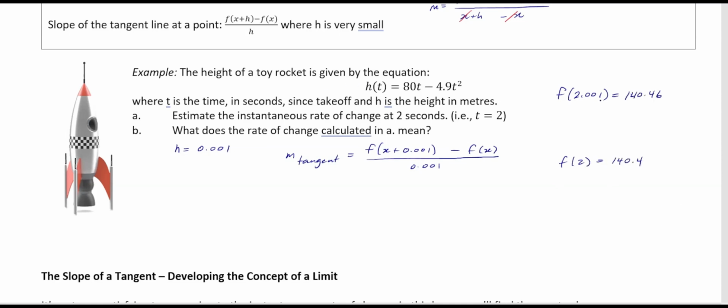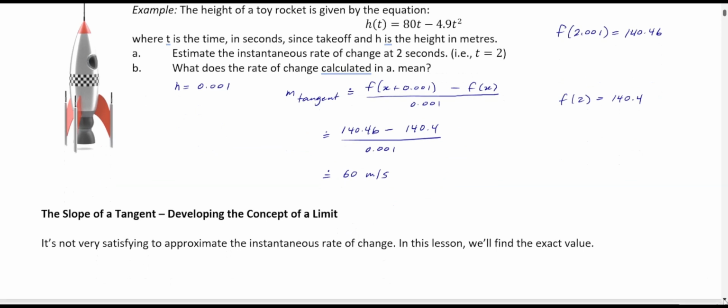Putting the 2.001 into the height function, I get 140.46, and I'm going to subtract 140.4, and now I'm going to divide that by the h value, which is 0.001, and I get 60 meters per second. And again, this is all going to be approximate, because essentially I'm still using a secant where h is very, very small. That's why this is an approximate instantaneous rate of change.